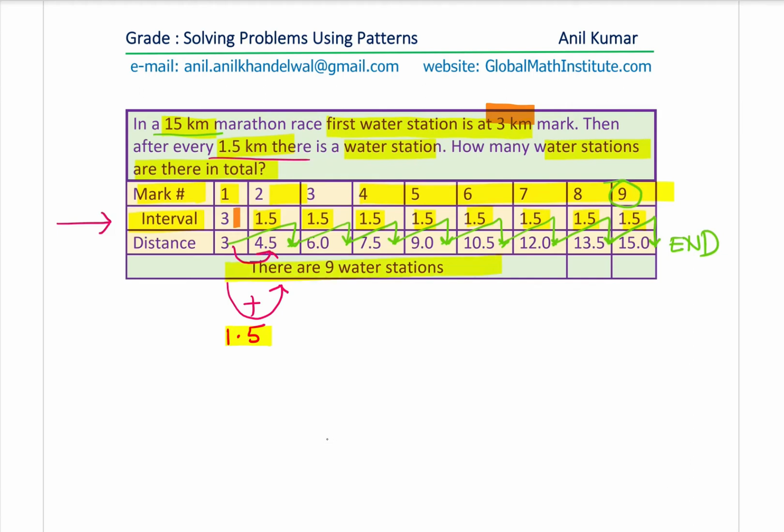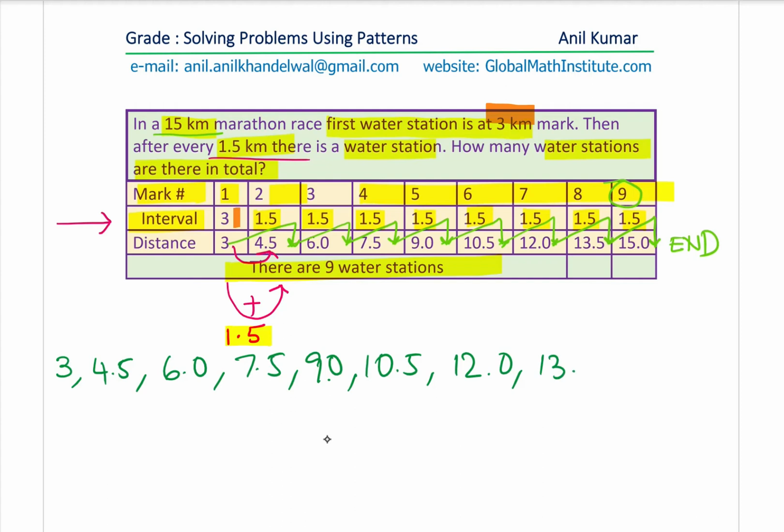9 stations. Perfect. Some of you can also do it like this. You can start your pattern at 3 and then keep on adding 1.5. So let me write this as 3 plus 1.5, which is 4.5, and then add 1.5. You get 6, and then add 1.5 more, and keep on doing this, and then you can ultimately count when you reach 15, correct? That is another way of doing the same thing.